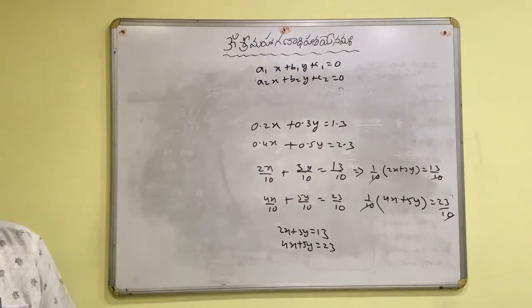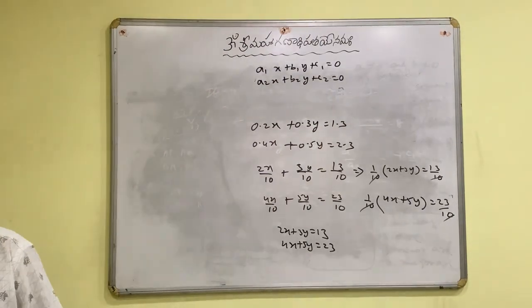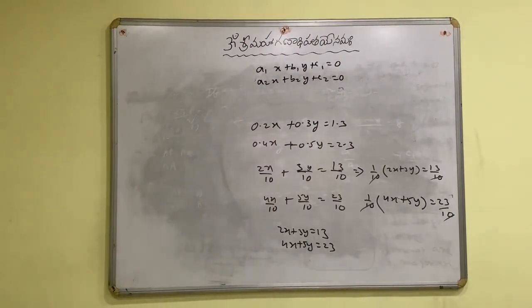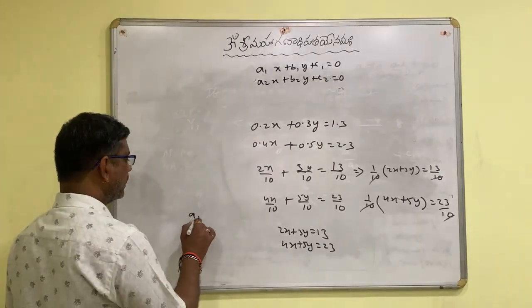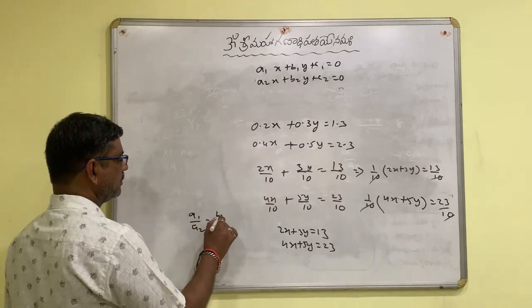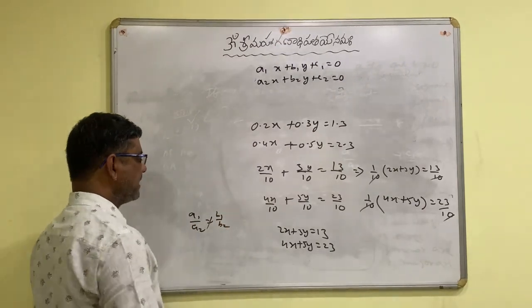Now you can see A1 by A2 is 2 by 4, B1 by B2 is 3 by 5. A1 by A2 is not equal to B1 by B2.